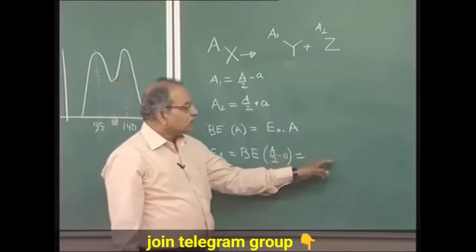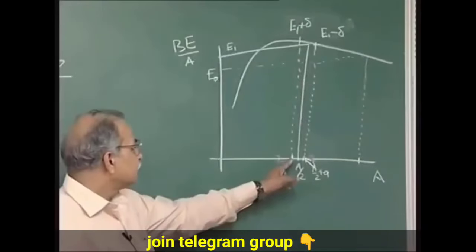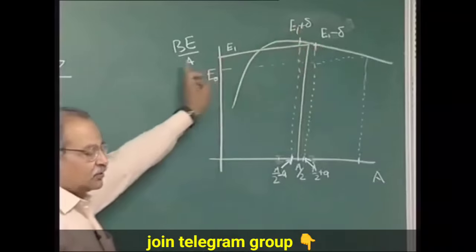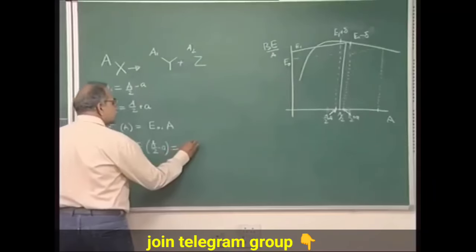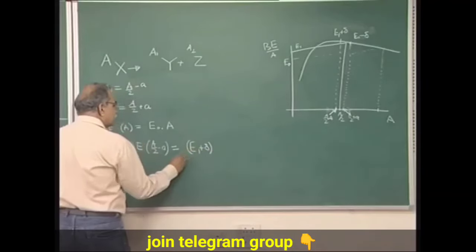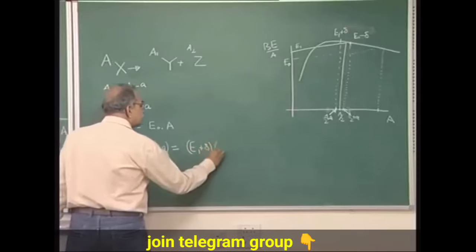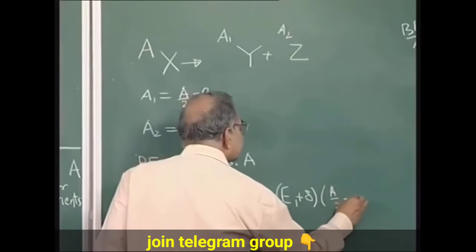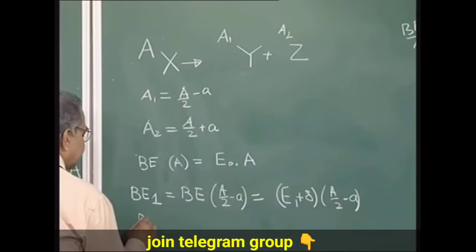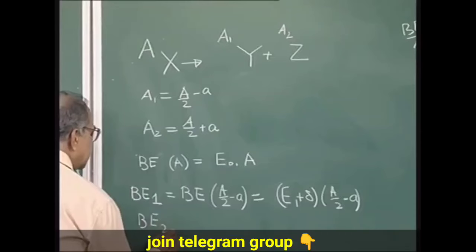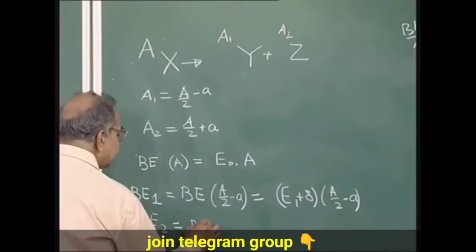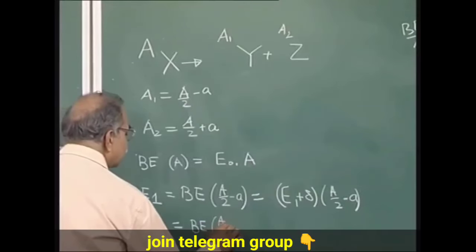So, on the plot at A by 2 minus a here, the binding energy per nucleon is E1 plus delta. So, this is E1 plus delta, that is binding energy per nucleon, and that multiplied by this A by 2 minus a. And the binding energy of the second nucleus BE2, that will be, that means binding energy of this nucleus A by 2 plus a.